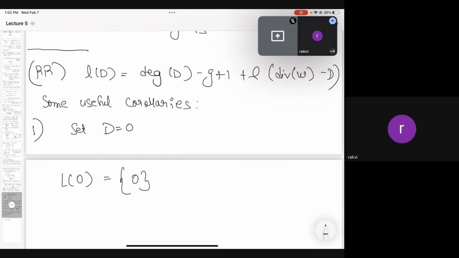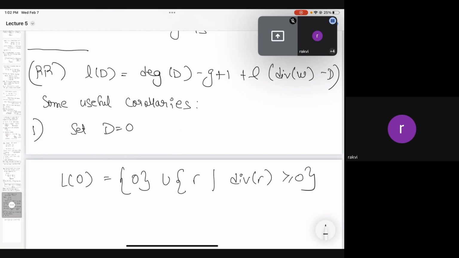So everything consists of 0. And then all the rational functions R are such that the divisor of R plus D is bigger than or equal to 0. But D is already 0, so it's the same as saying the divisor is positive. Now these are rational functions, right?